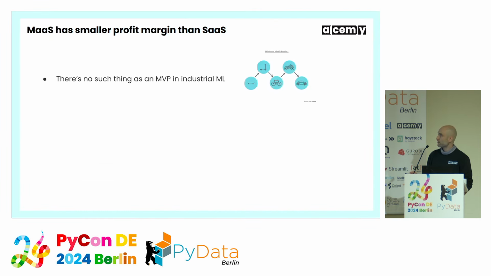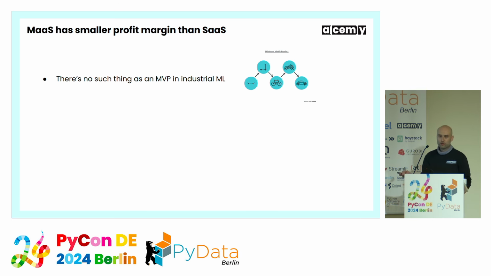One of the things that is very different is that there's not so much a minimum viable product, right? In software, it's nice that you can start with something very simple and then iteratively grow your product. You start with a skateboard because you just need to get people from A to B, and then eventually it's a scooter, a cycle, a motorcycle, and then an e-vehicle.